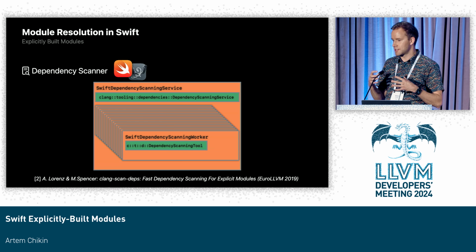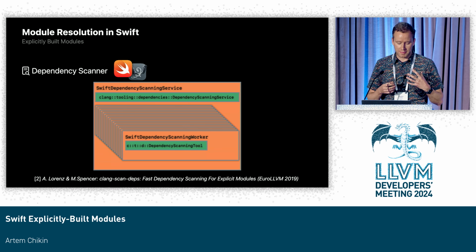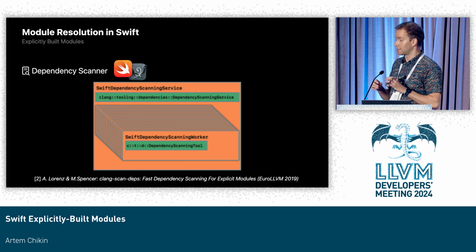And because Swift directly interoperates with Clang modules, the Swift dependency scanner actually fully wraps the Clang dependency scanner. One of the great advantages of this system is that Swift source code does not need to distinguish, when importing a module, whether that module is written in Swift or in Clang. It's all quite transparent.